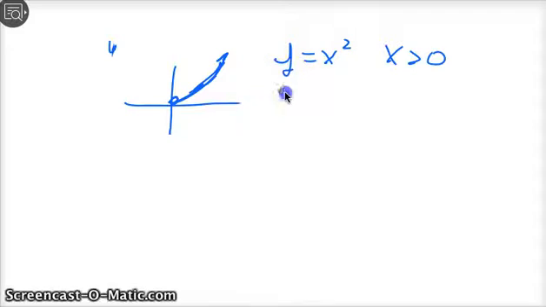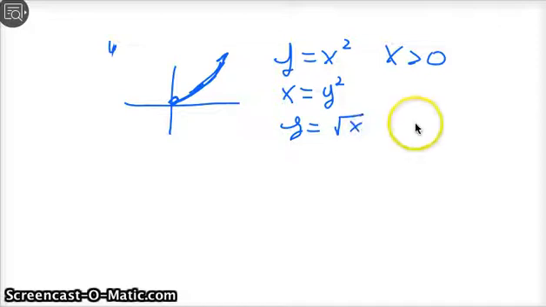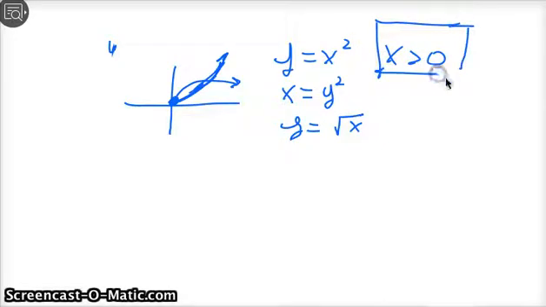Why, if we go through the process of switching the variables, we get y is equal to the square root of x, and that function looks like this, okay? So that is a function. So yes, only if we limit the domain of a function like a parabola can we have an inverse function.